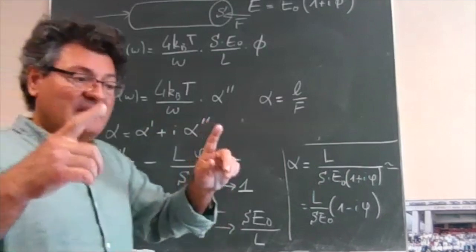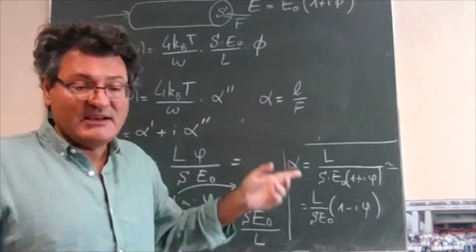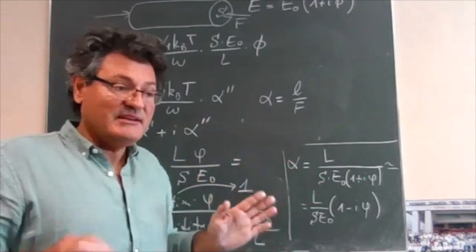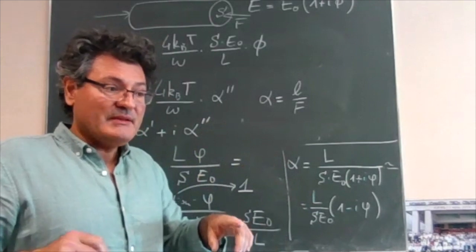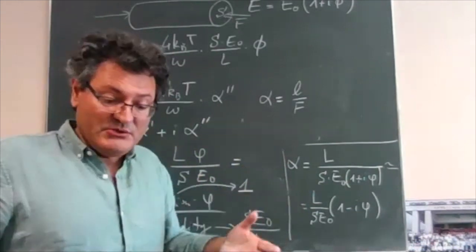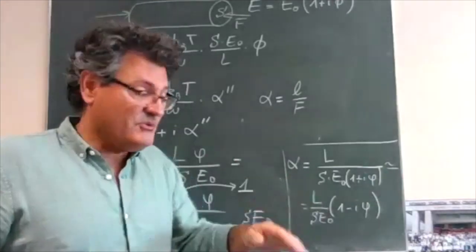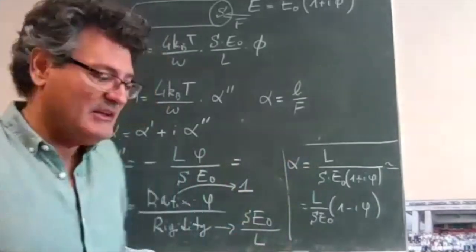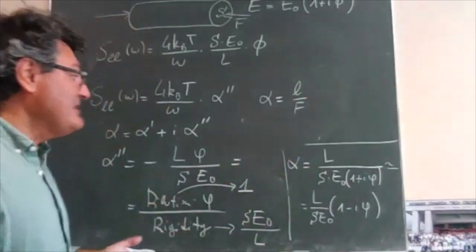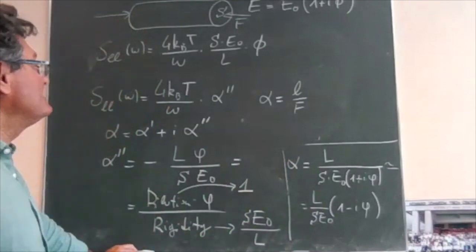So the sign of alpha second depends strictly on the convention that we use for the Fourier transform or the anti-Fourier transform, and on the fact that it is really a physical requirement that the energy is effectively dissipated and not created.